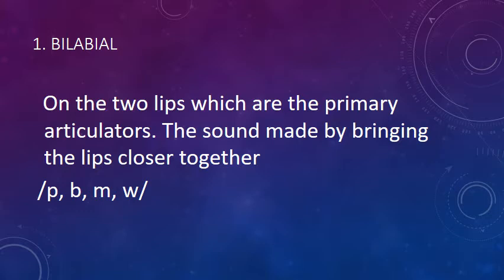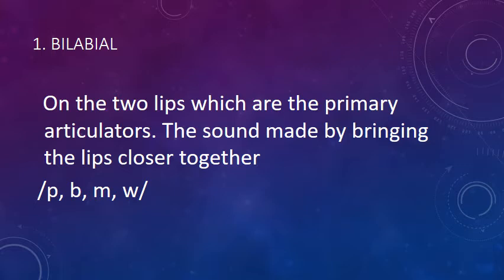Bilabial means the place of articulation is on the two lips, which are the primary articulators. The sound is made by bringing the lips closer together. Closer together means the lips are close, but they don't have to be closed. They can be closer and they can be closed.